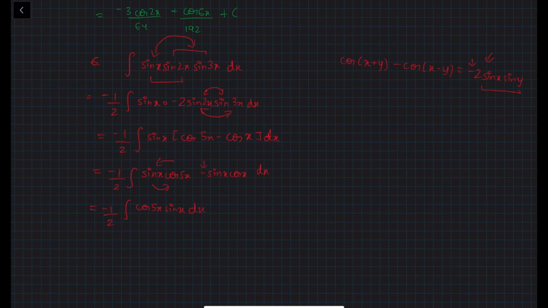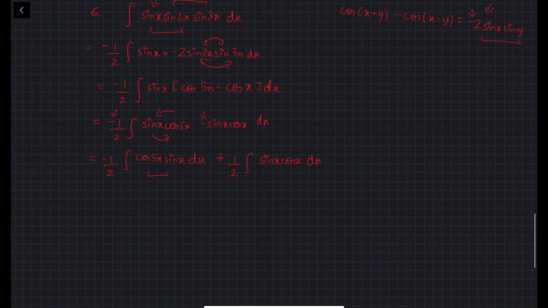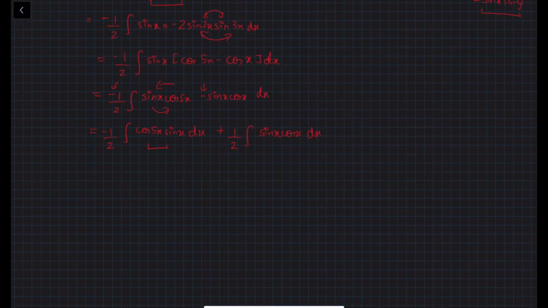And here's a minus, so it's going to become a plus half of sine x cosine x dx. And now for this, we're going to use one of those formulas again. I'm not going to write the formula again, but you can scroll. We just used it in a question.